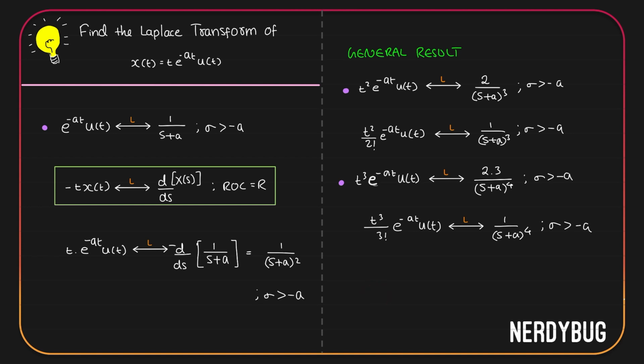So we can write the general form. t raised to n minus 1 divided by n factorial e raised to minus at u of t is the inverse Laplace transform of 1 by s plus a to the power n, and ROC will be sigma greater than minus a.